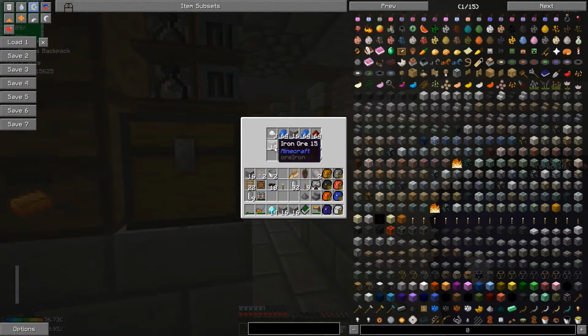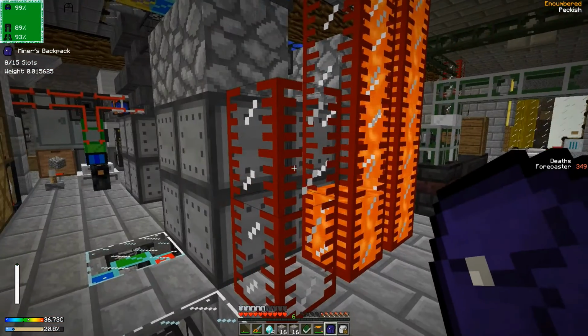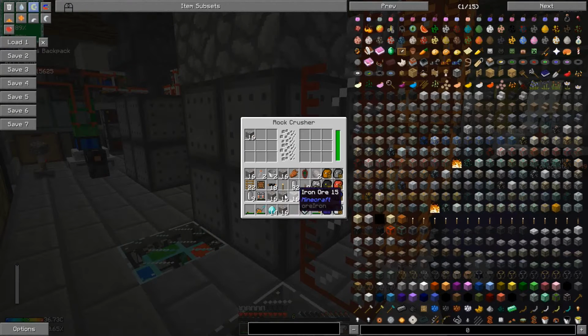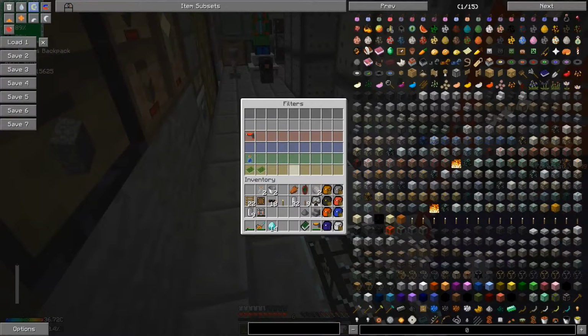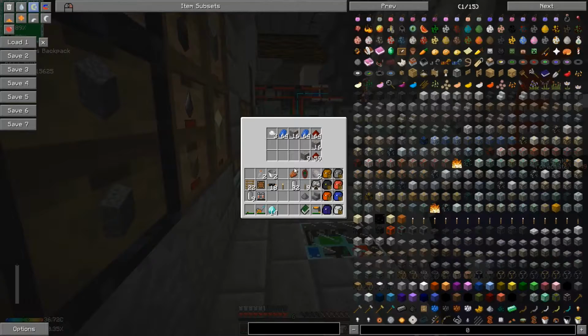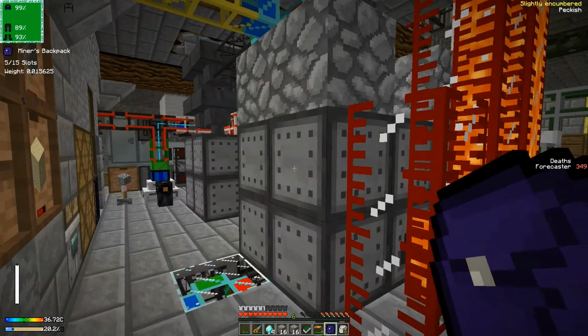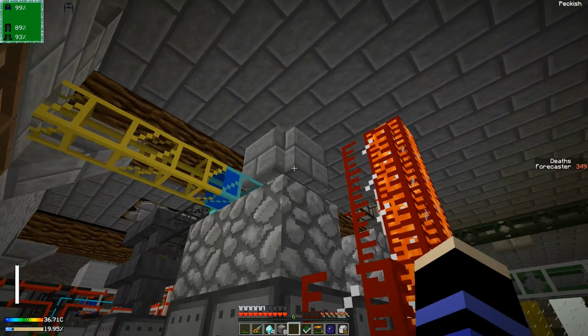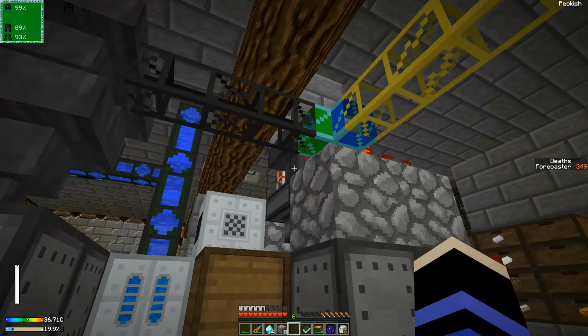So we're going to start putting iron into the ore processing system, so this rock crusher, essentially. And it is going to drain its buffer quickly, and the tiny little electrical engine over there is going to struggle to keep up with it.